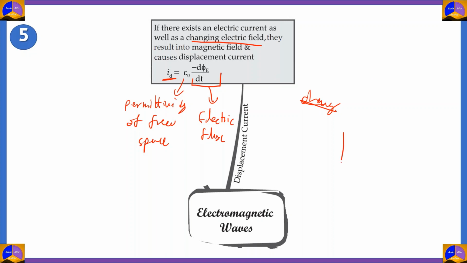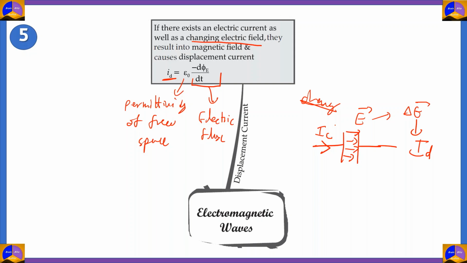Now, Maxwell got his research due to his experiments on a capacitor. In a capacitor, the current that flows through the wires is IC, conduction current, while the current that flows through the capacitor, in between the plates where we have electric field E, is different. The change in electric field E gives you the displacement current, ID.